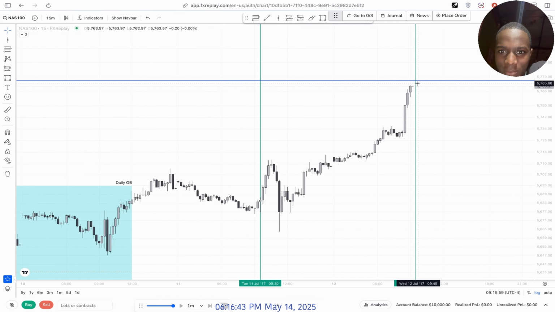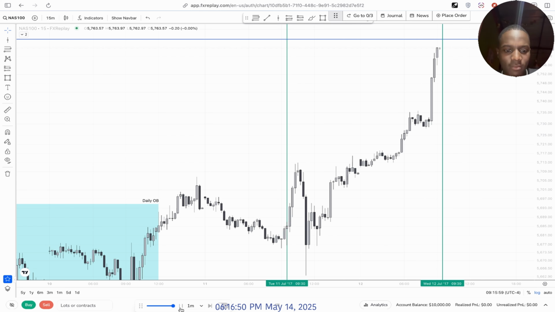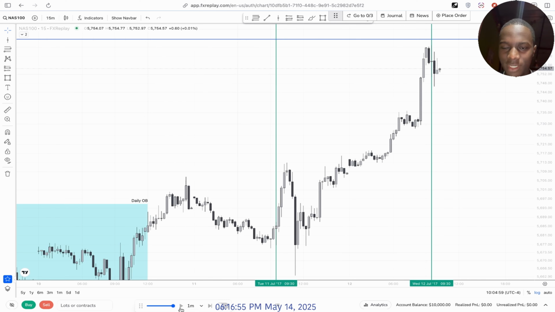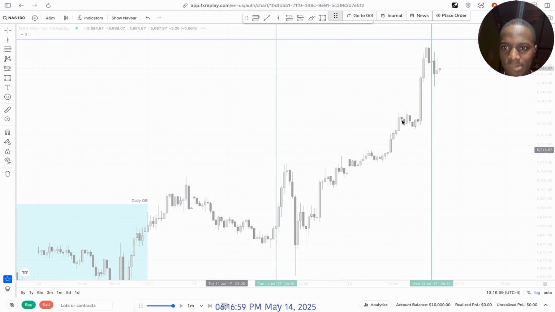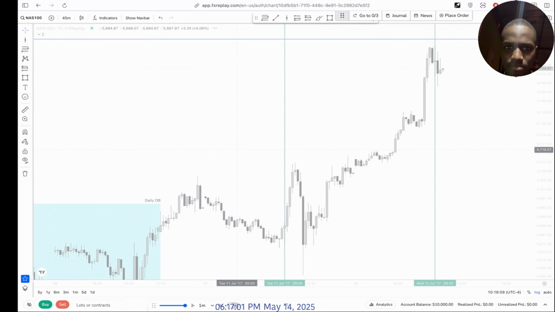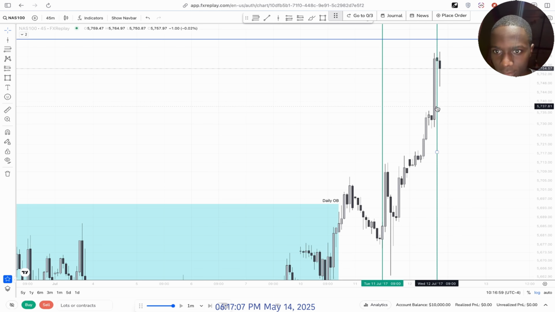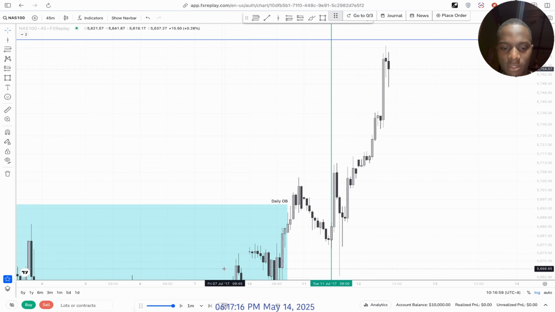Wow. Without an entry, didn't get an entry. And now by the open of New York we get a small drop into the 45. You can see now we've retested the fair value gap, but maybe we might wait to reach the consequent encroachment level.